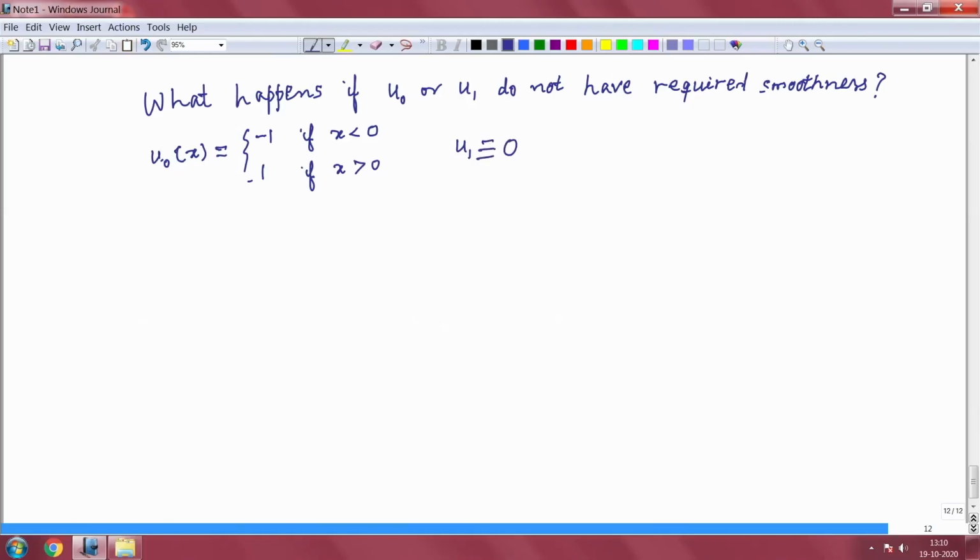Let me explain the solution graphically. That is much easier. Again x and t. I have here u0 equal to -1 and u0 equal to +1.